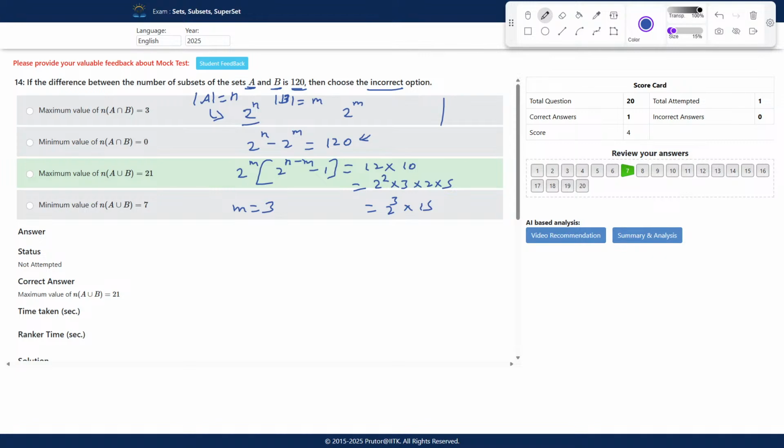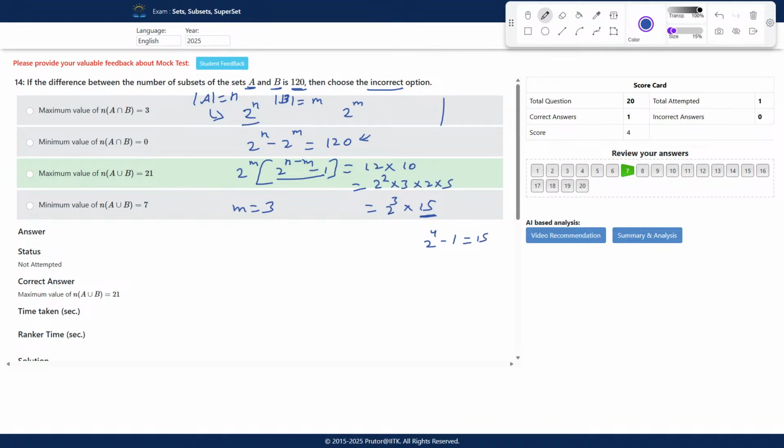Now this 15 can be broken down into the form 2 raised to power something minus 1. Can you find a nearby number of the form 2 raised to power n? Yes, 16 is 2 raised to power 4. So this can be rewritten as 2 raised to the power 4 minus 1. Clear? So 2 raised to power 4 minus 1 is 15.